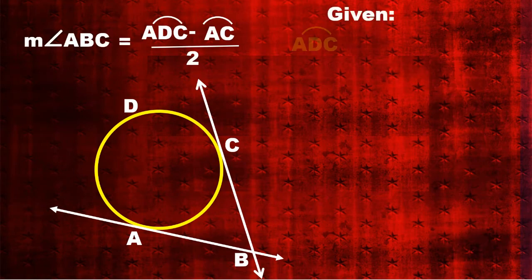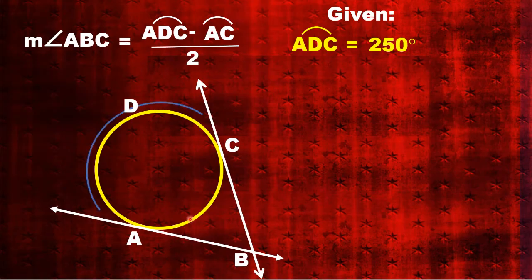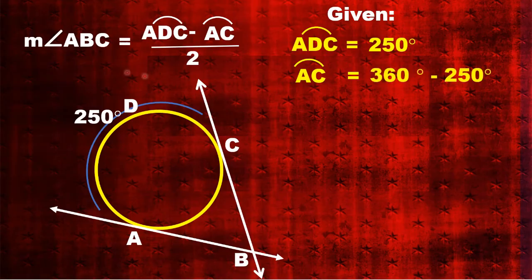Example, given the major arc ADC is equal to 250 degrees. So, kung 250 yan, eh di ba yung isang buong circle ay 360 degrees? Therefore, makukuha na natin yung arc AC. Paano natin makukuha yon? Arc AC is equal to yung kabuuan, which is 360, minus yung mas malaking intercepted arc, which is 250.